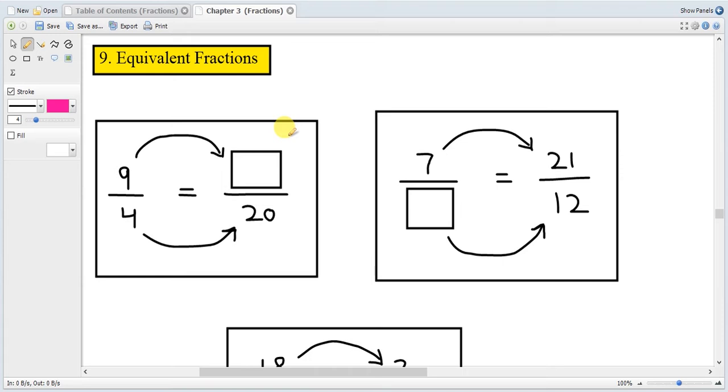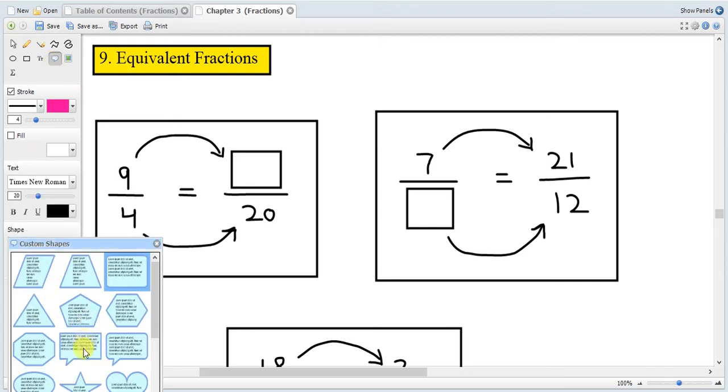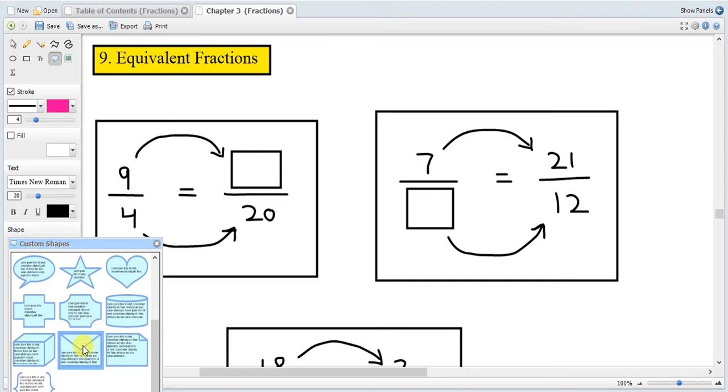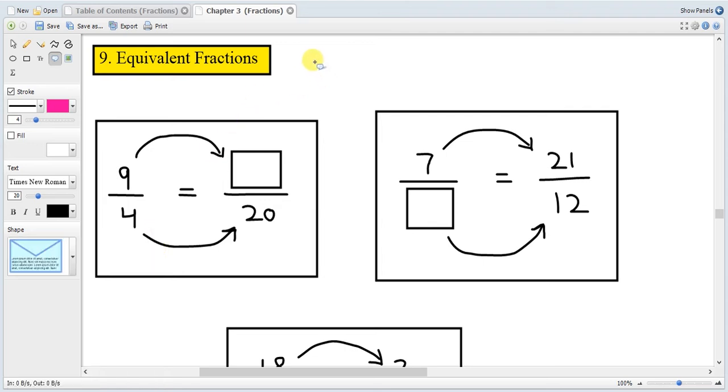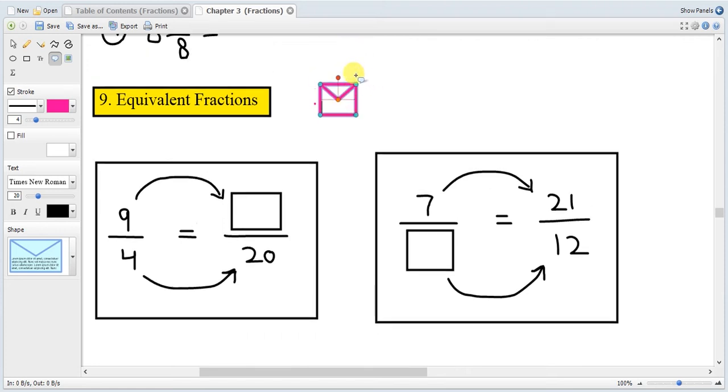So equivalent fractions. In equivalent fractions the rule is quite simple. Let's first get the concept of what is basically the meaning of an equivalent. Let me give you an example. Let's suppose we have an envelope.